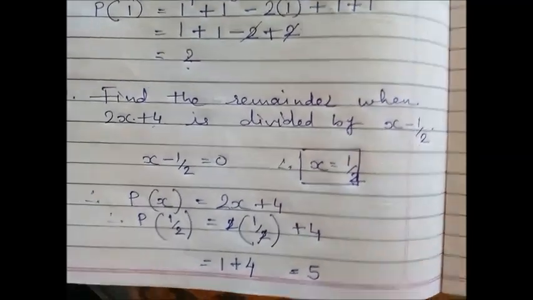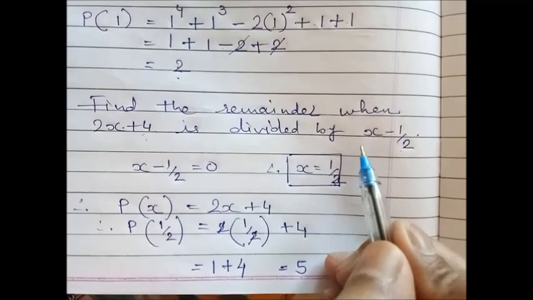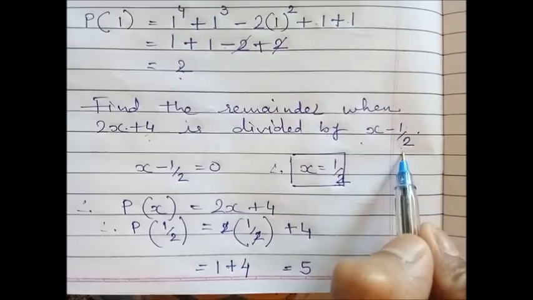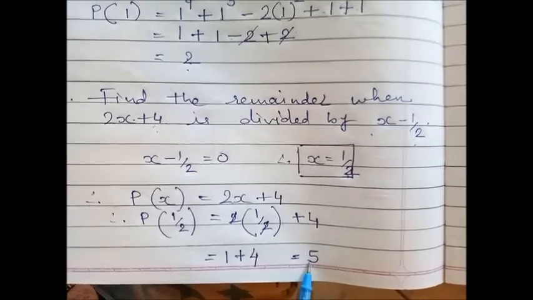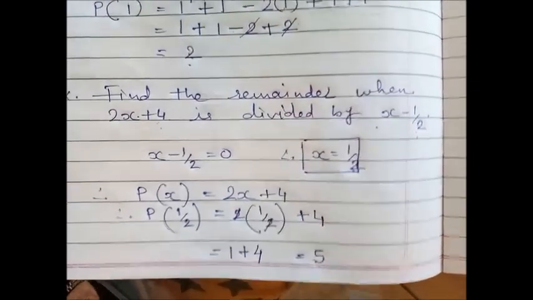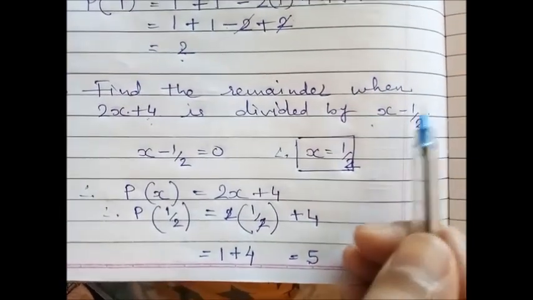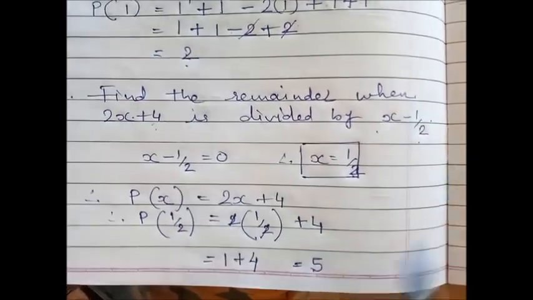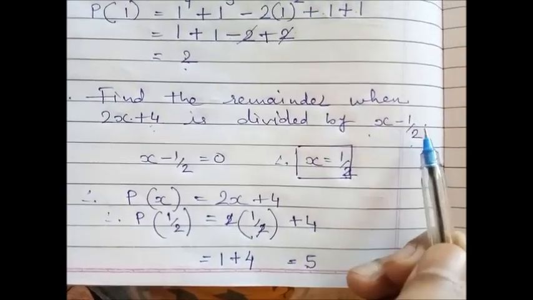It means when you are dividing 2x plus 4 by x minus 1 by 2, the remainder will be 5. According to the remainder theorem, when any polynomial is divided by a linear polynomial, what will be the remainder? The remainder will be p of a.